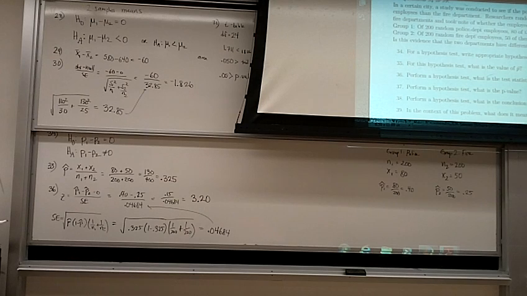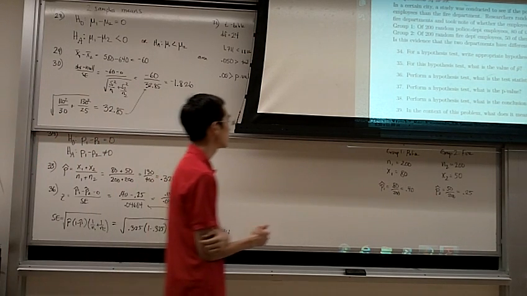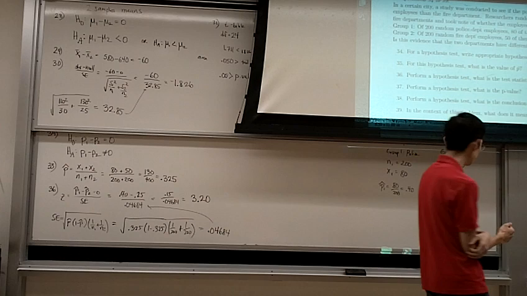So number 36, our test statistic is 3.20. Number 37 says, what is the p-value?